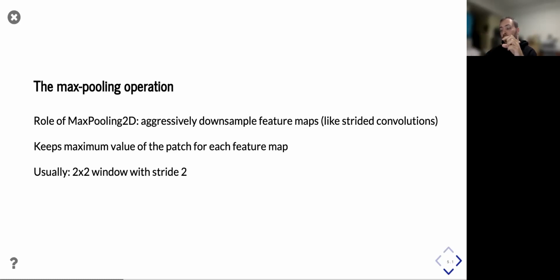And this will happen for all the 2 by 2 patches of the input tensor. So for each one of the channels, it will keep the maximum for each 2 by 2. And this means that it will reduce the width and the height by a factor of 2. So in total, a factor of 4 for the volume. So this is max pooling, again, just the maximum of the 4 values.